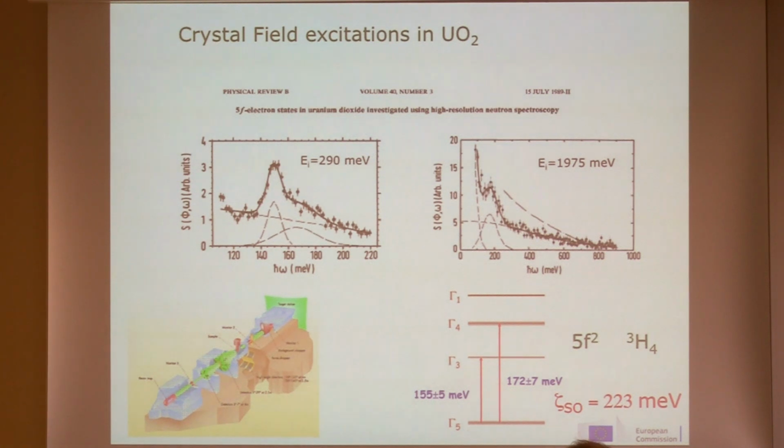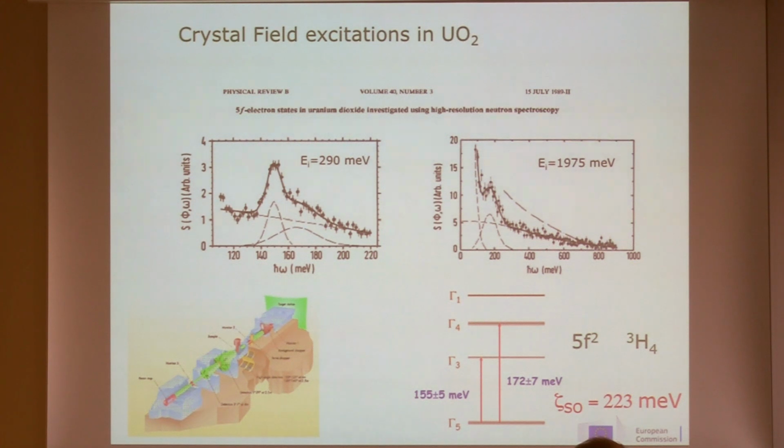Well, this can be done only by using high incident energy neutrons of the order of 2 electron volts. And nuclear reactors, even with a hot source, are not the best machine because the incident spectrum at this energy is quite poor. So we failed in observing any signal of crystal field in UO2 at the ILL, but in 1986, ISIS, a spallation neutron source, started to be commissioned near Harwell in Oxfordshire.